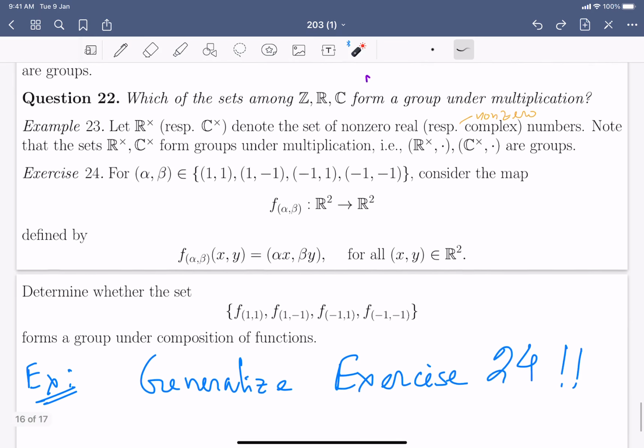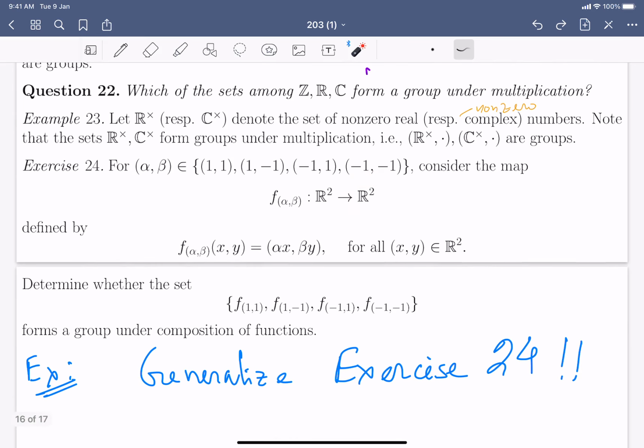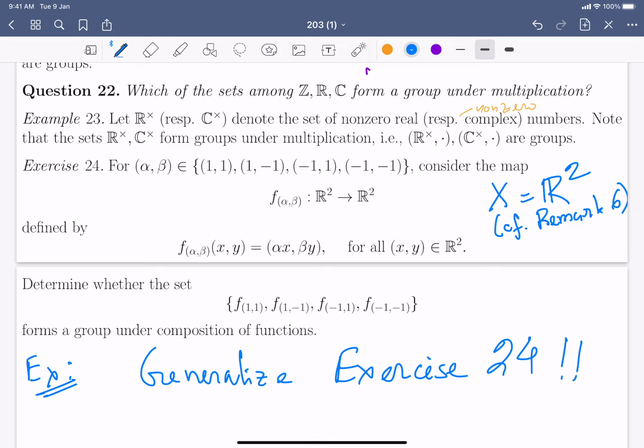For instance, if your object is R2, so here X is R2, you can go back to remark 6 or around remark 6.